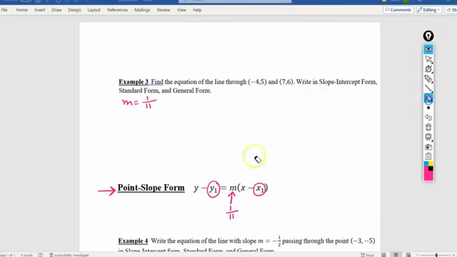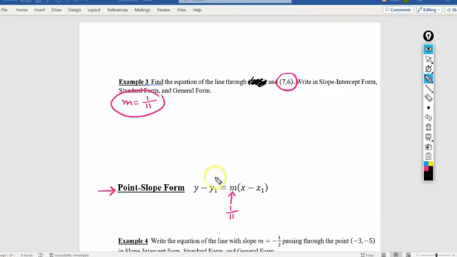So we are free to choose whichever point we want to use. Now, I would choose, personally, this one because there aren't any negative symbols in it. So you can choose this other point to start with, and that is perfectly fine. But just for ease, since there's no negative symbols, I'm going to choose this point. You choose one of the points and the slope. So that's what I'm going to go with.